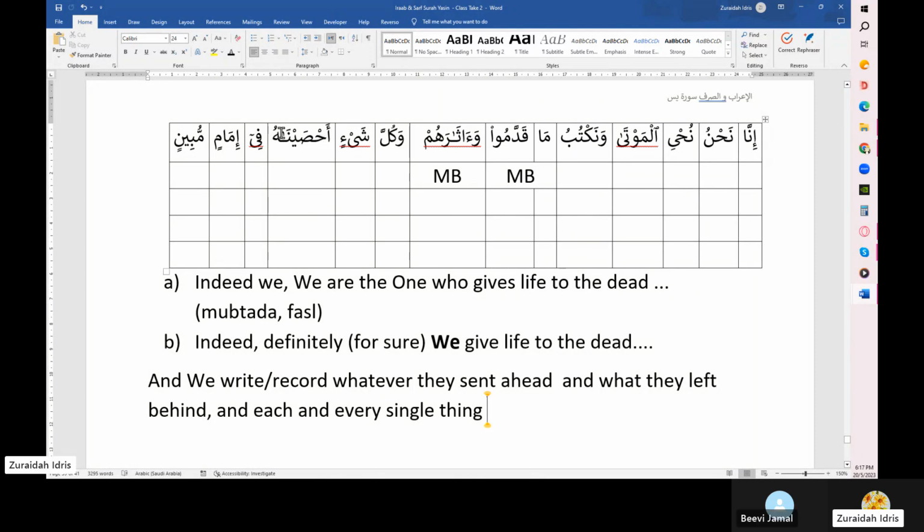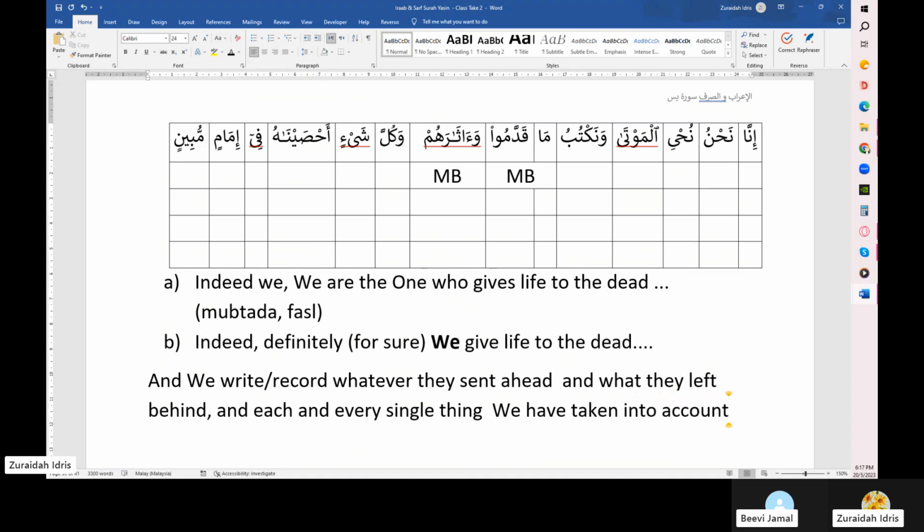So this is ahsayna, and who's the doer here? Nahnu, we. We enumerated. We have enumerated it in a clear book.